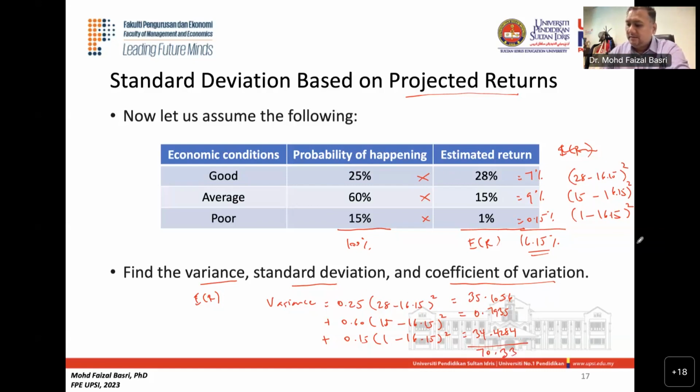Okay, and if you square root, standard deviation would be the square root of 70.33. So you get 8.37.